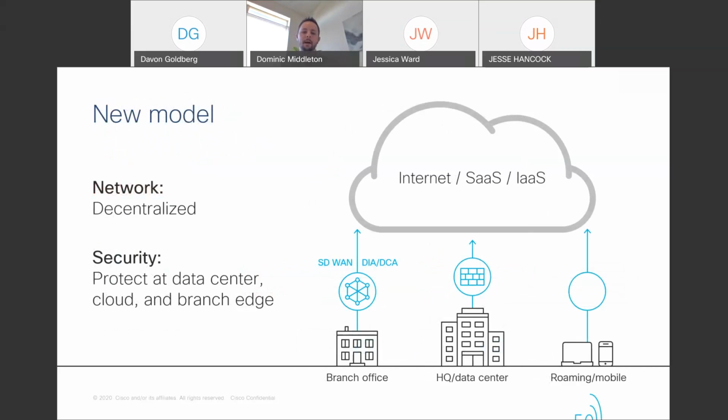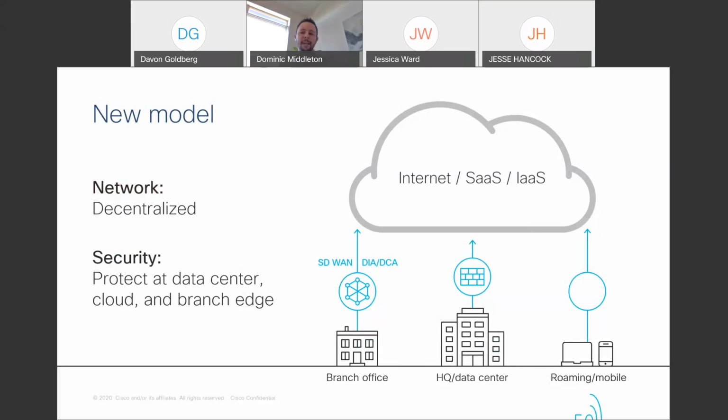model with the SD-WAN setup, the direct to internet access, all this traffic going to the internet, software as a service, infrastructure as a service, not going back and forth between the headquarters and branch offices and roaming clients. It's going directly to the internet and vice versa.